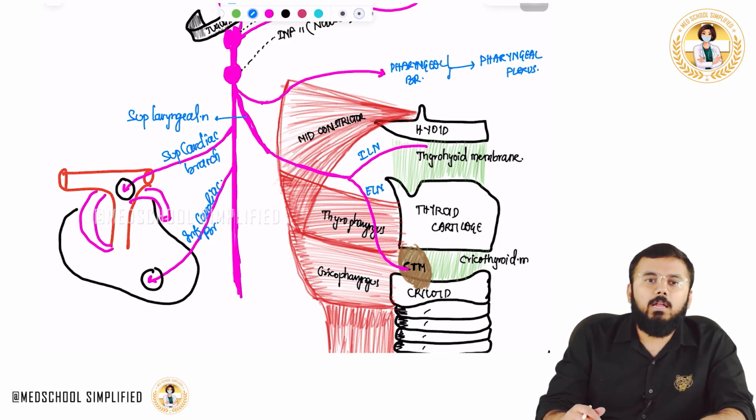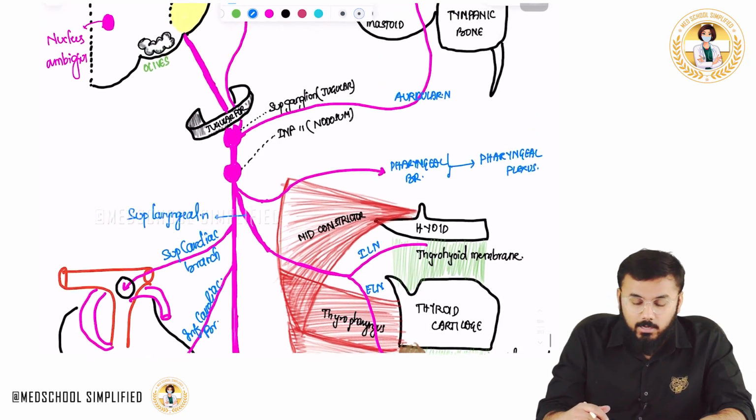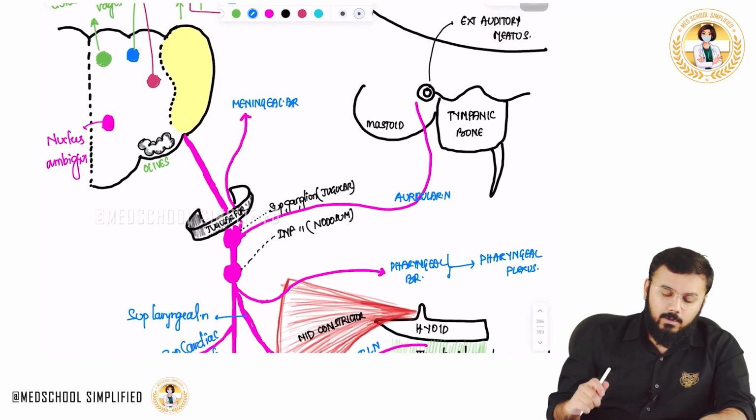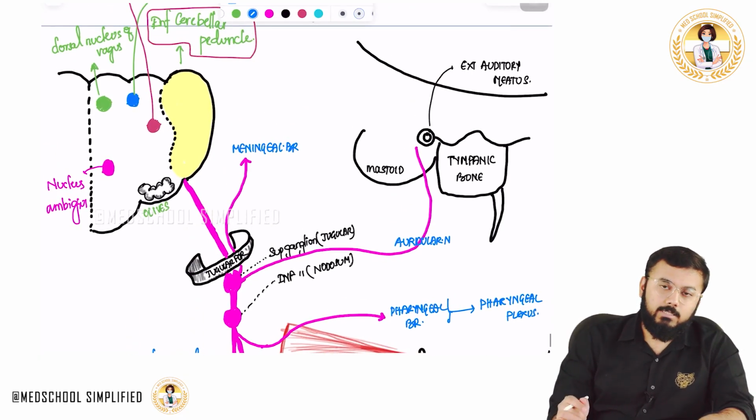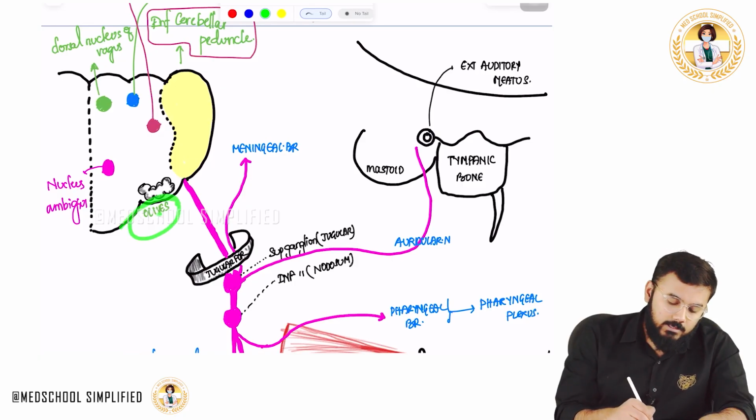So what are the different branches we have discussed so far? This vagus nerve starts between your inferior cerebellar peduncle as well as the olives.